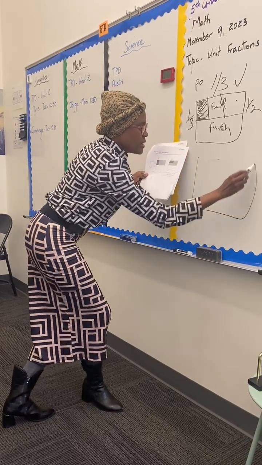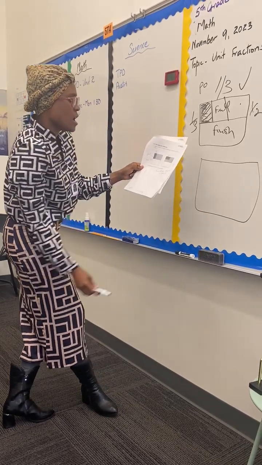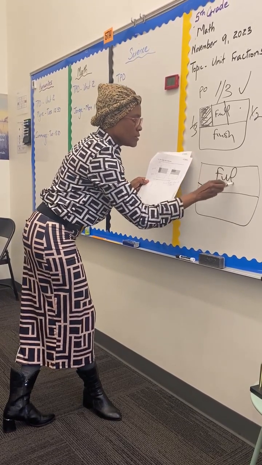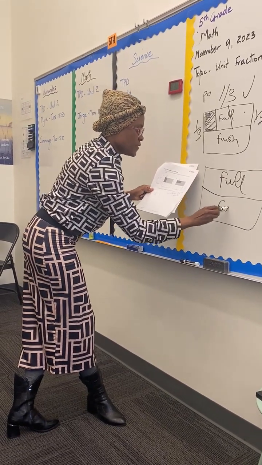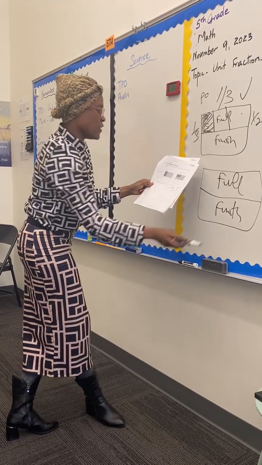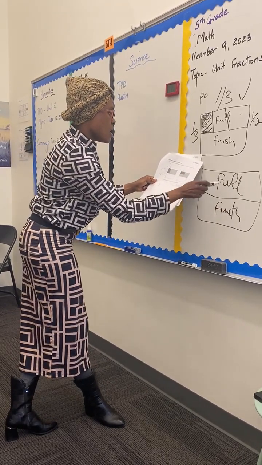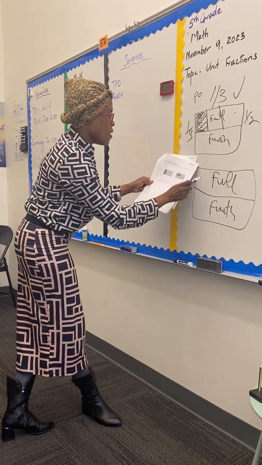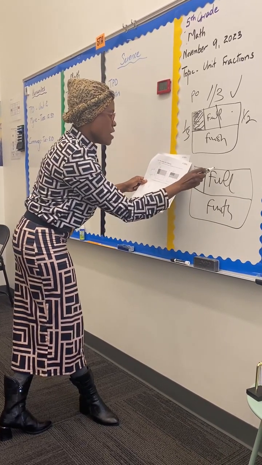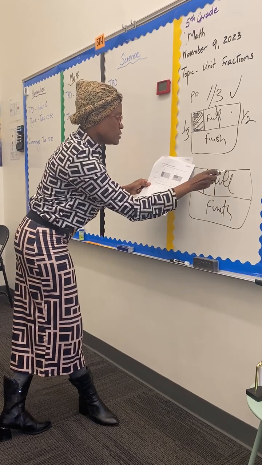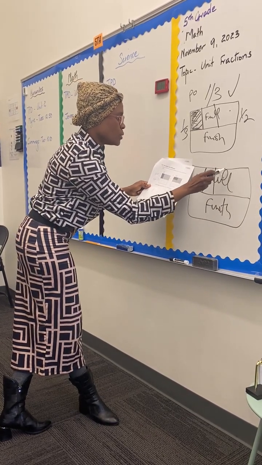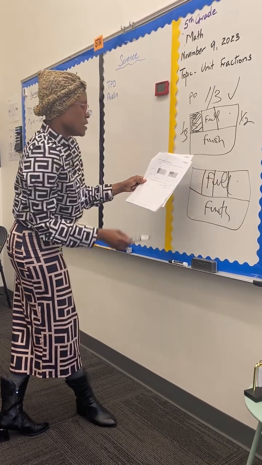Let's make the diagram again. 1/2 is full. The other part is finished. 1/4 is the first part. The first part has to contain 4 parts. 1, 2, 3, 4.